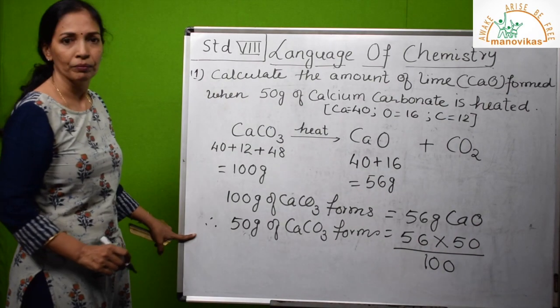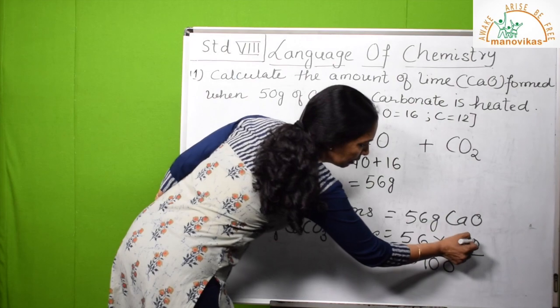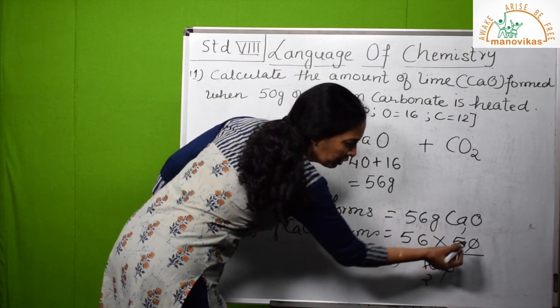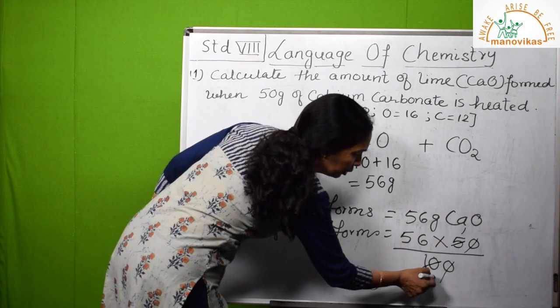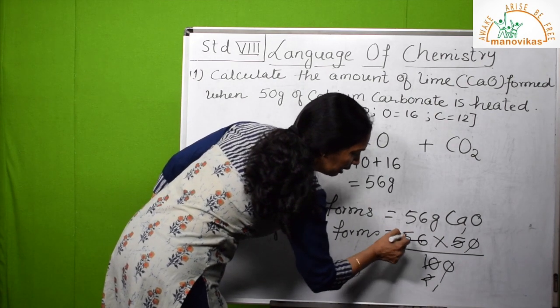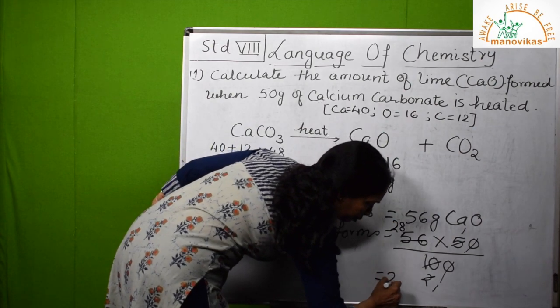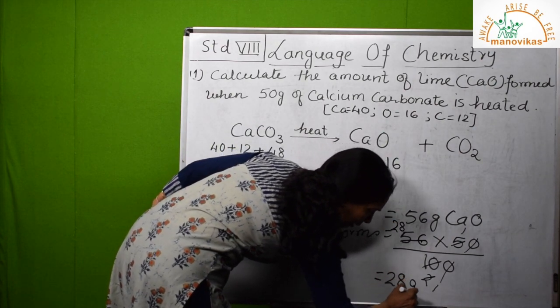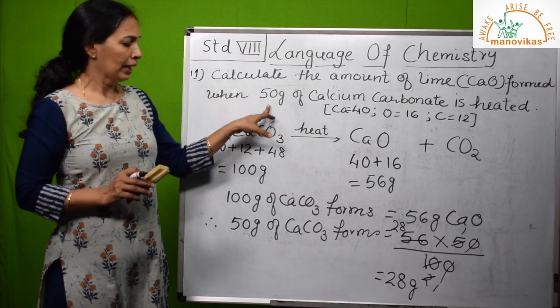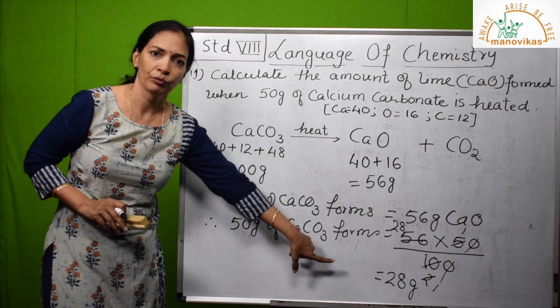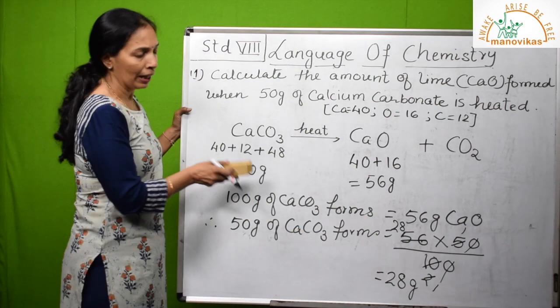Cross multiplication. Now this 0, 0 cancelled, 5 1s are 5, 5 2s are 10, or 50 1s are 50, 50 2s are 100, anyhow you can do. So 2 1s are 2, 2 2s are 4, and 2 8s are 16. So it comes to 28 grams. So 50 grams will give 28 grams of calcium oxide. This is how to calculate.